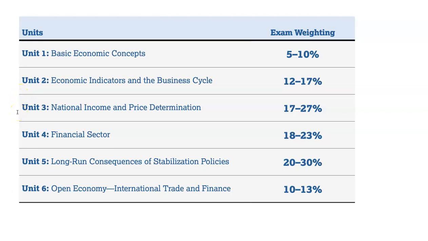Unit 3 is income and price determination. The financial sector is Unit 4. Unit 5 is the long run consequences of stabilization policies, monetary and fiscal. And then Unit 6 is the open economy, international trade and finance. So we would look at things like the foreign exchange market. You can pause this video at any time or rewind and study some of these units in closer detail.